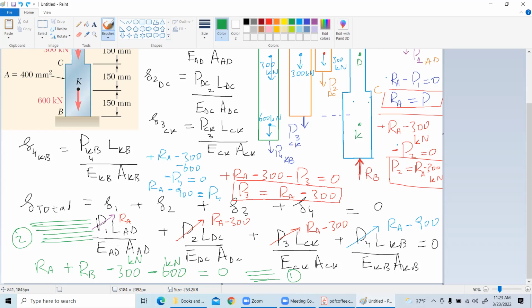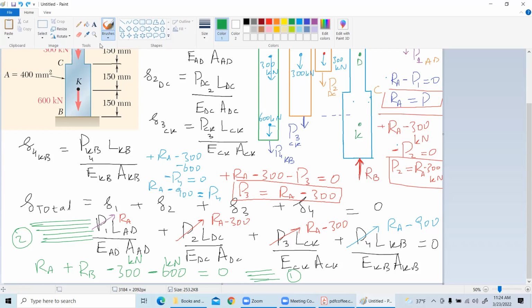If you assume your RB to be downward, I'm not sure, I think the answer will be wrong. So you have to make a good intuitive guess in the beginning that your RA and RB should be in the upward direction. Because it just does not make any sense that RB would be in the downward direction.